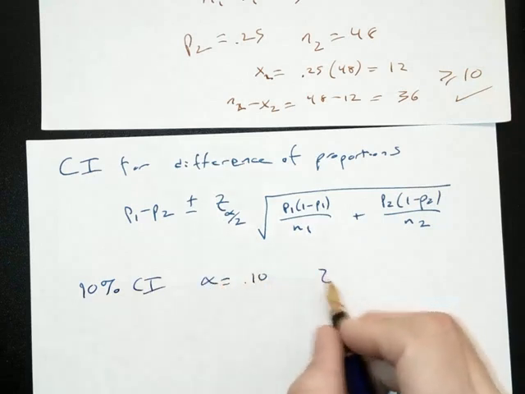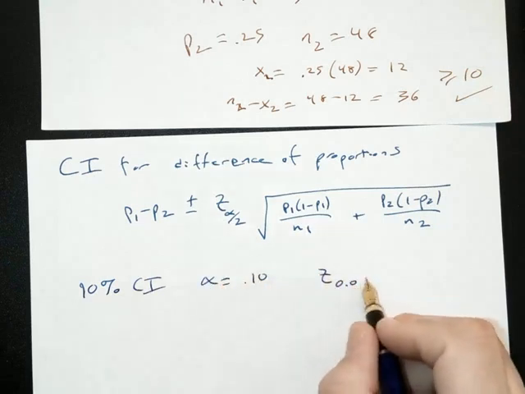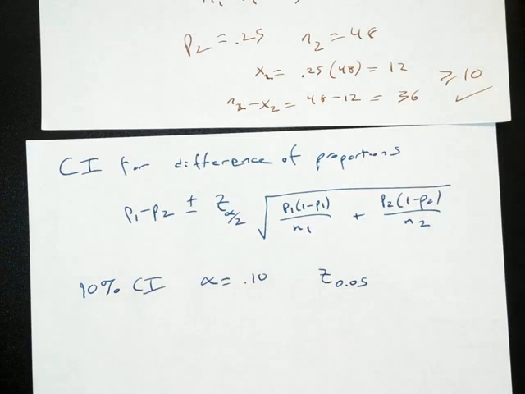So what is z of alpha over 2? How do I find that number? By the way, a large number of you wrote that number down already on your formula sheet for the last exam. You've seen that number before. What is z of 0.005? Of 0.05?